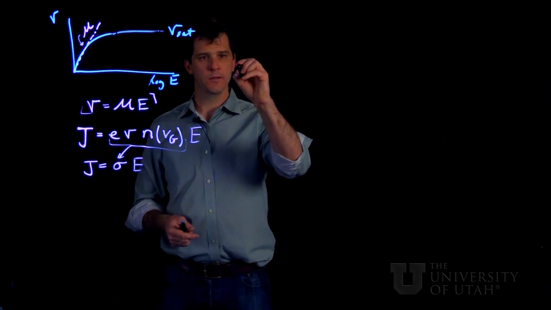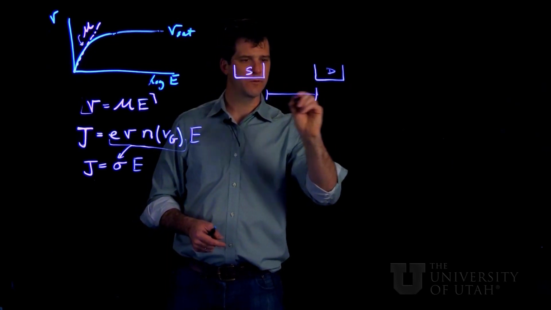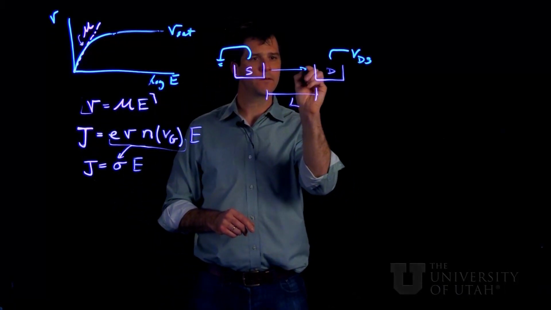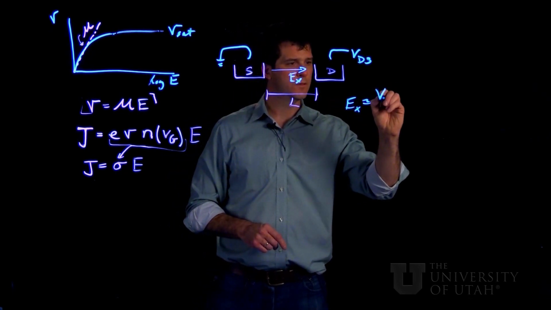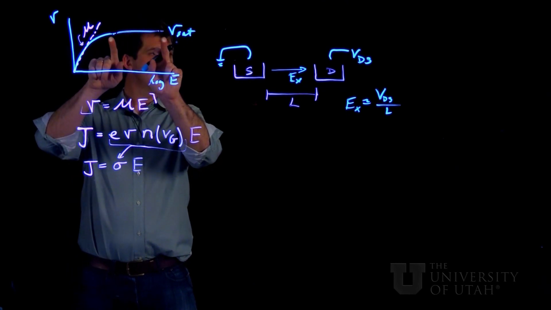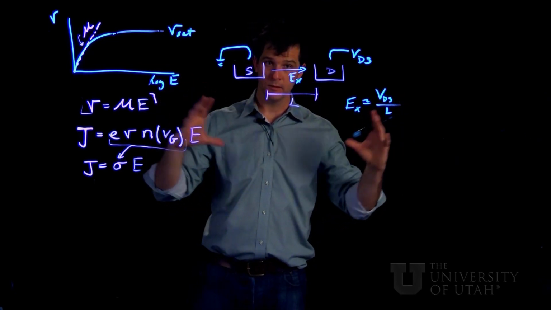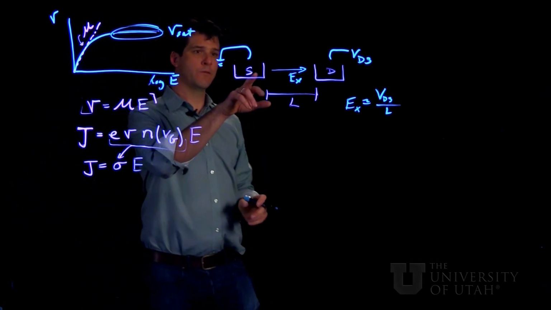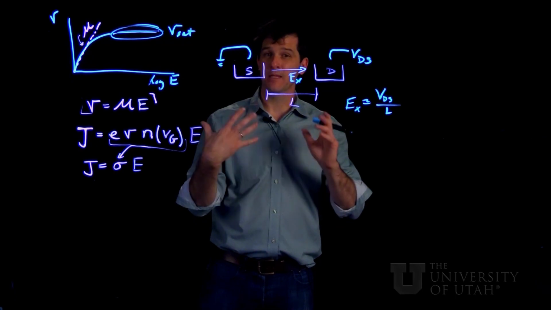And in the case we're talking about here, we have our source and drain separated by a distance L, and we're applying a voltage between the drain and source, which results in this EX, where EX is approximately V drain source divided by L. So if we reach a high enough E field because we've brought the channel length small enough by physically shrinking our MOSFETs, we're going to be out here in this velocity saturation region pretty quickly for moderate source drain voltages applied over short distances, which today are measured in perhaps tens of nanometers.